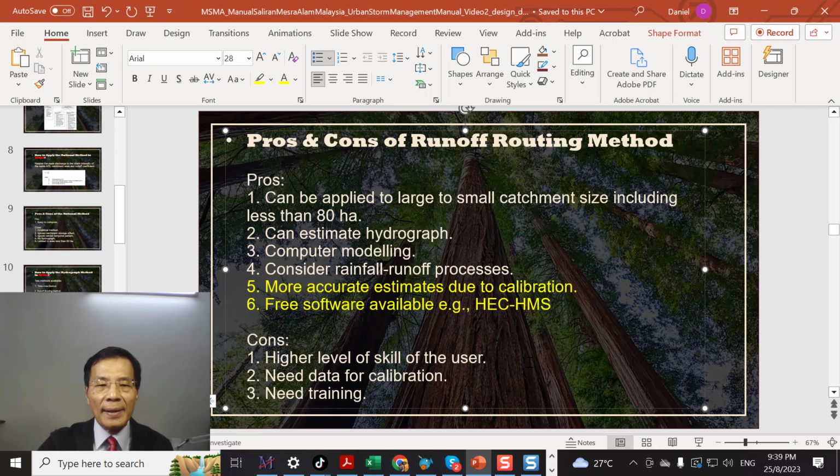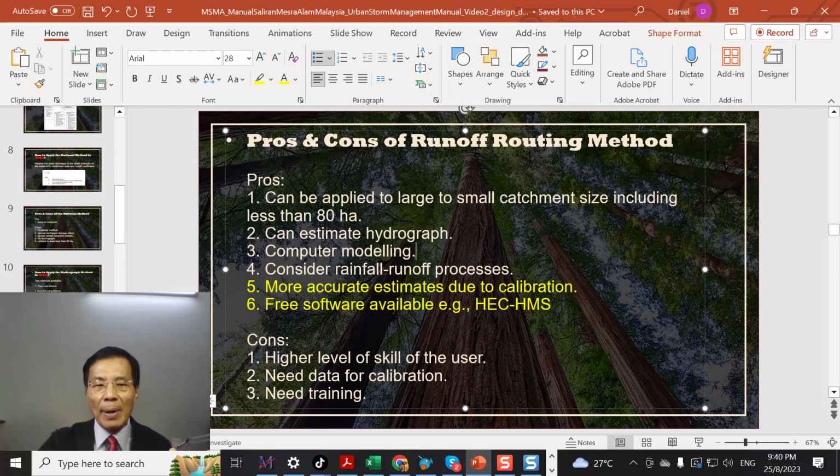The cons are it requires higher level of skill by the user. Number two is it needs data for calibration. Number three is it needs training. So in our workshop D, we provide you training and we teach you how to calibrate the runoff routing method using hydrological procedure.